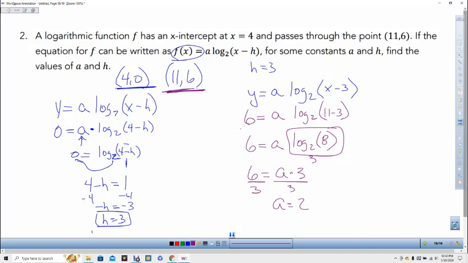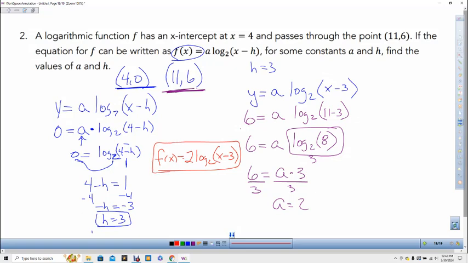So then we can write all of our stuff back together, put everything back in, and we get that f of x, in function notation since that's the way they did, equals 2 log base 2 of x minus 3. So there's your equation right there.